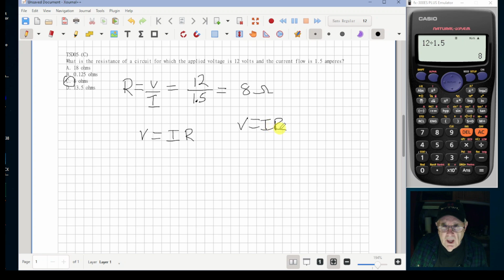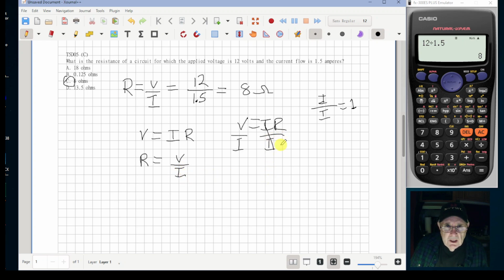I is multiplying R. To get R by itself, I need to divide by I. Because if I divide by I, I get I over I, and anytime the top and bottom are the same, regardless of value, it has to equal 1. And 1 times R is just R. So we're going to divide by I. Those cancel, and we see then that R is equal to the voltage divided by the current.